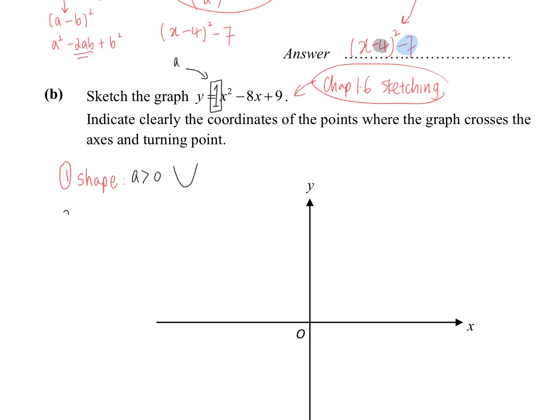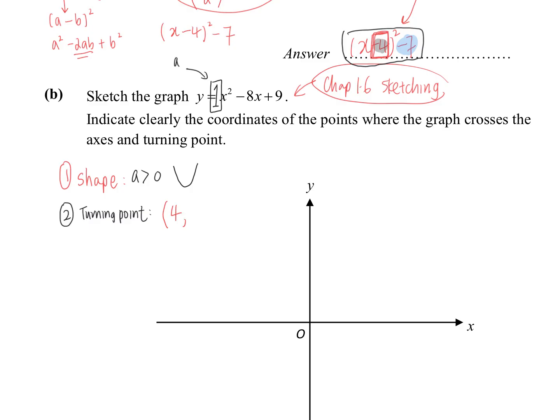Okay, second step, since you already have completed square form, you can read the turning point. What is the turning point in this case? How to read? Remember, it's always opposite of this number. What is it? Instead of -4, it is 4.